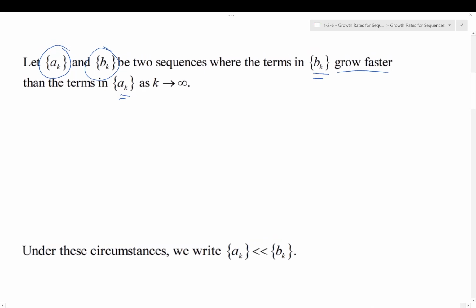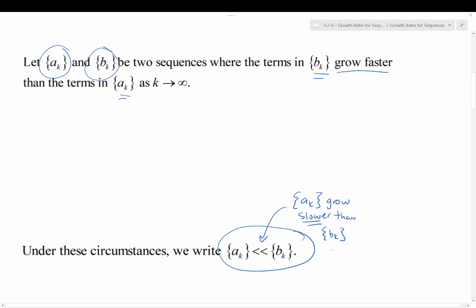If we have those assumptions, then what we're going to write is this, and that is the terms in the sequence A sub k grow slower than the terms of the B sub k sequence. It's almost like a double inequality, if you will, and it just means that the terms in the A sub k sequence grow slower, that's the big thing, than the terms in the B sub k sequence.